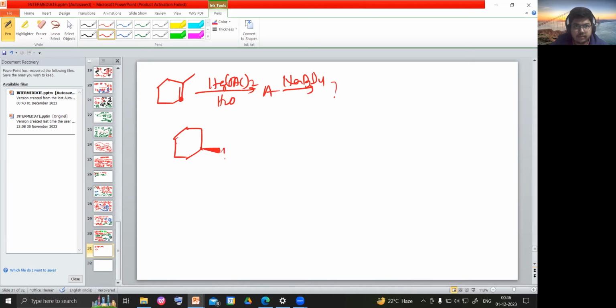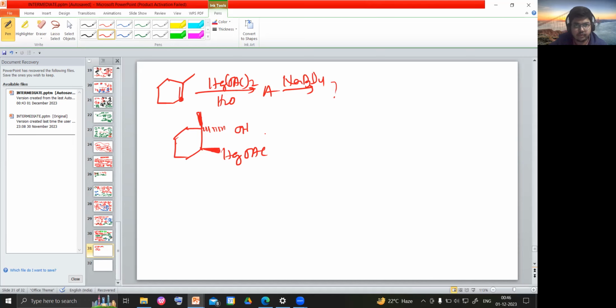Then as it is anti-addition, below the plane it will be OH. And here methyl was there, so methyl will be above the plane. The opposite case is possible. If HgOAc is below the plane, OH will be above the plane, and the methyl will be below the plane. So this other structure is also possible.